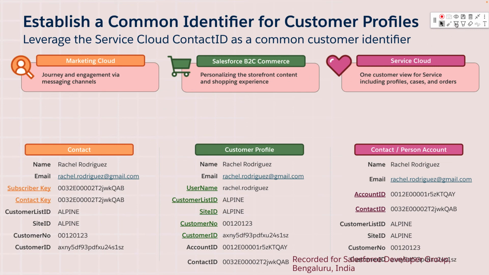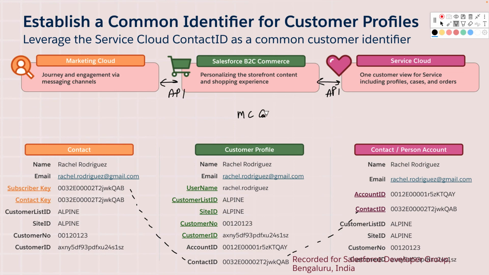What becomes more important is that the subscriber key from the Marketing Cloud is linked back to the contact ID, and the contact ID is synced back to the contact ID on the service side. So I know that my API integration is helping me keep all systems together, helping me create one single or unified ID across the three systems we are seeing right now.